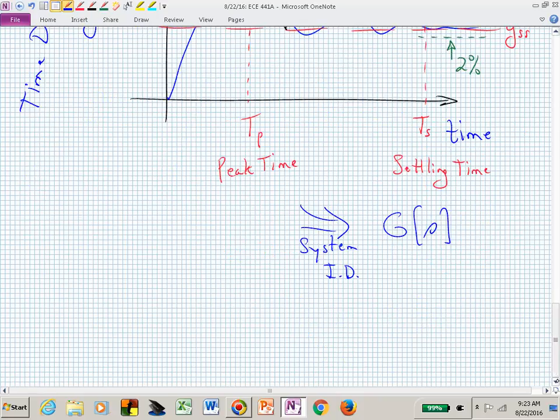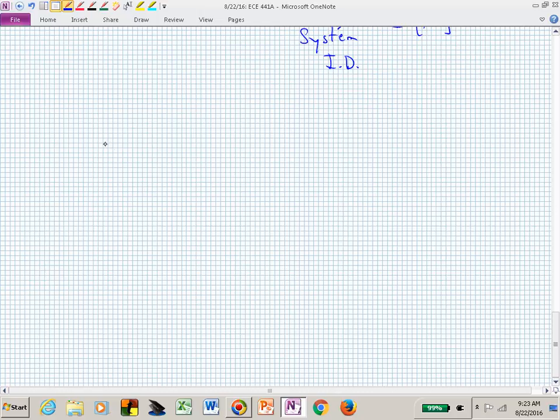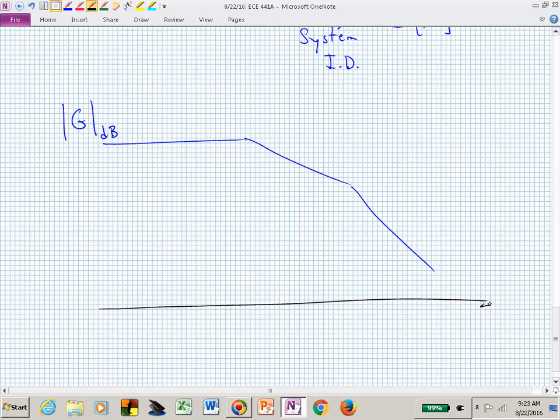We could also do system identification in the frequency domain. For example, you might go into the lab and measure the frequency response of that system, where this is now the magnitude in dB of the system's transfer function. And now we can see that, oh, this frequency response is actually bending or kinking or changing slope at particular locations in frequency omega.